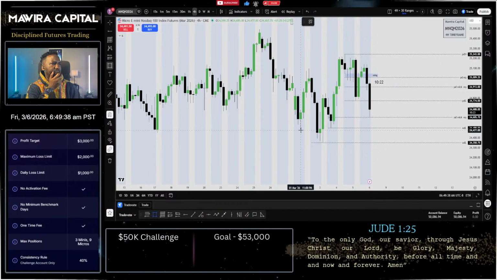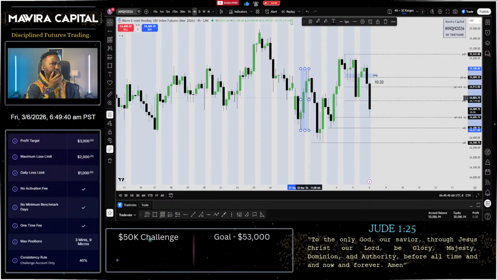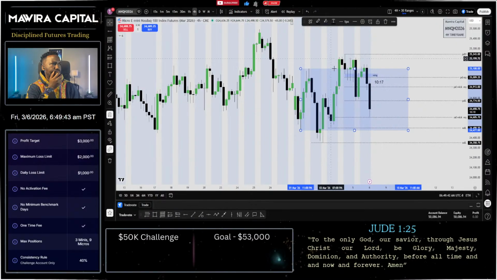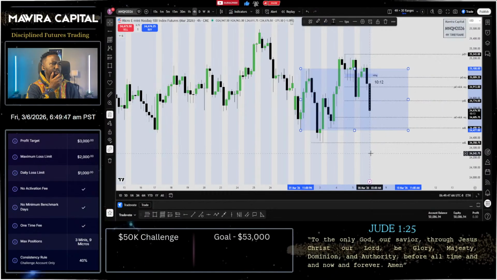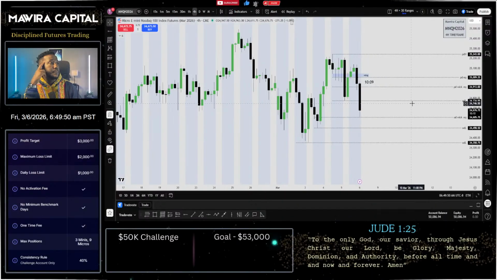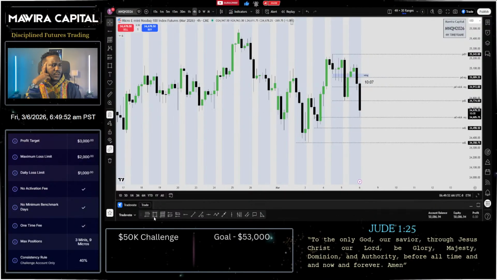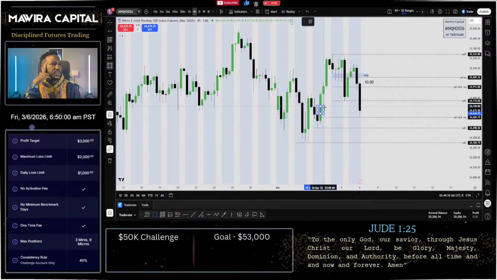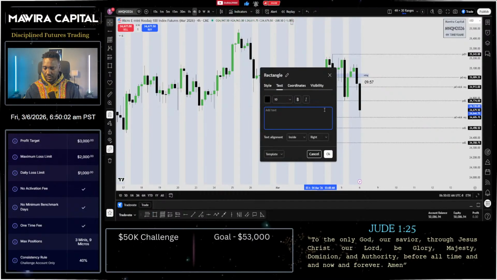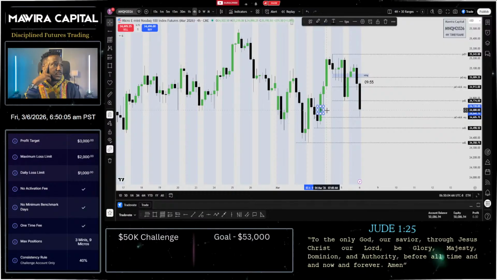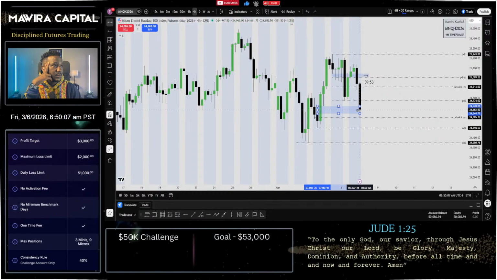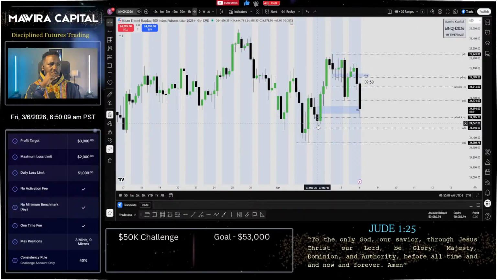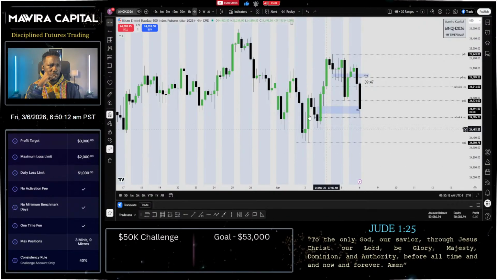Huge breaker here. And we're going in deeper and deeper. Okay, this is that 4-hour from yesterday, so I'll include it in today as well, just to see what that level is going to do. Okay, we do have those lows over there.